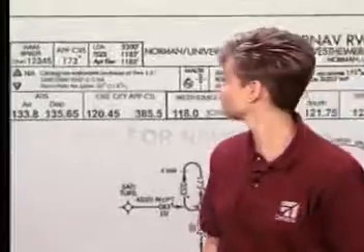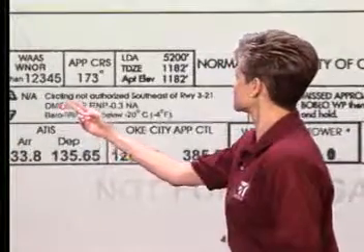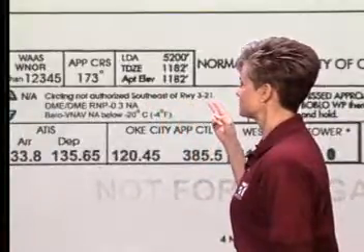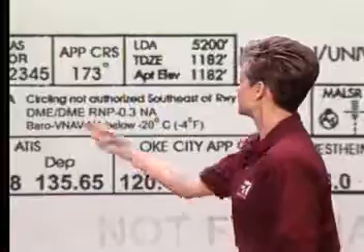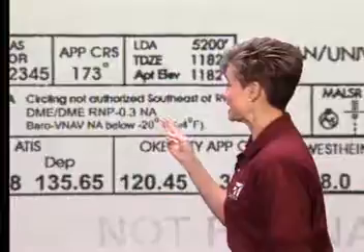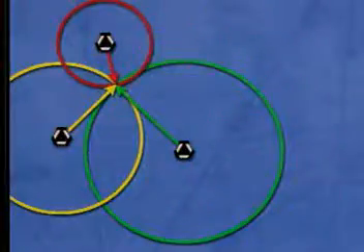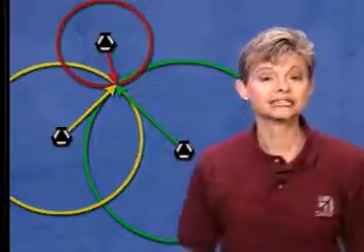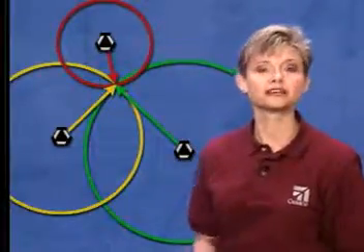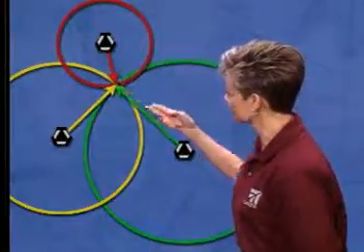Now let's go to the top of the chart and take a look at some of the notes. The first note says, circling not authorized southeast of runway 321. The next note reads, DME, RNP 0.3 NA. NA, as you know, means not authorized. DME refers to a navigation system that determines its location by tuning in more than one VORTAC or VOR/DME and figuring its position based on how far it is from each.